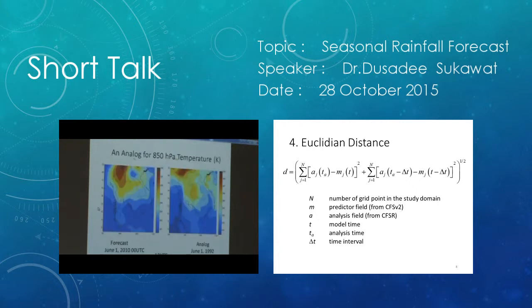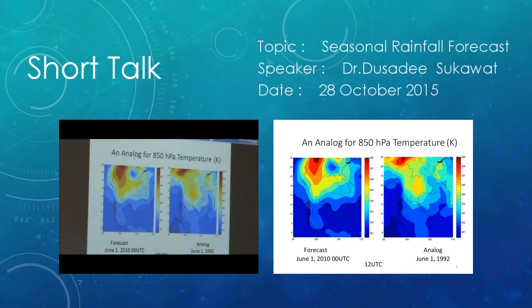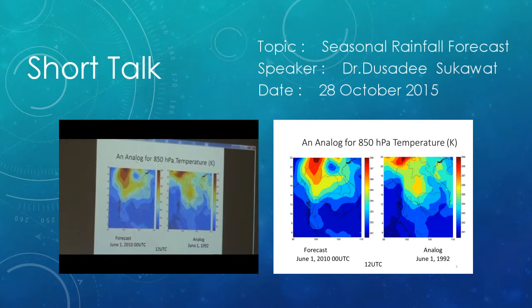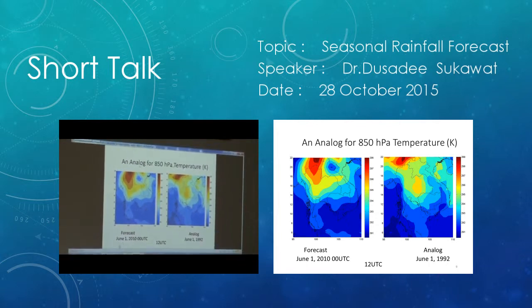Based on this formula, this is an example of the forecast. I use the past data. Okay, I forecast the temperature for June 1st, 2010, and I look back to the climatological data of 30 years, and I found that the best match is this day, June 1st, 1992.